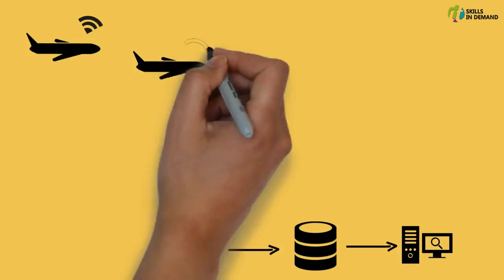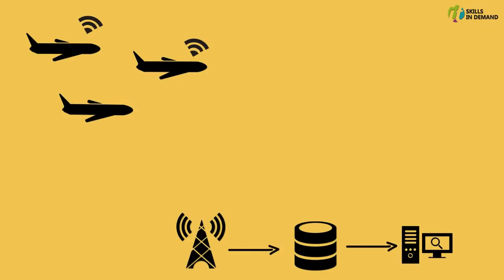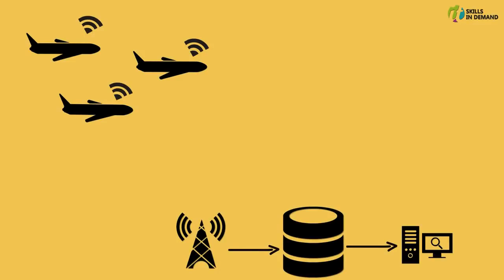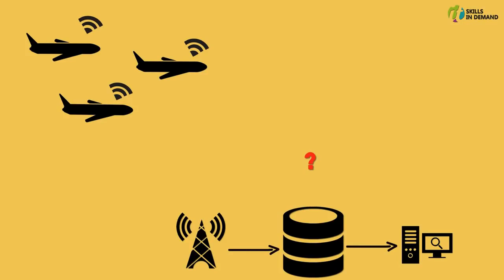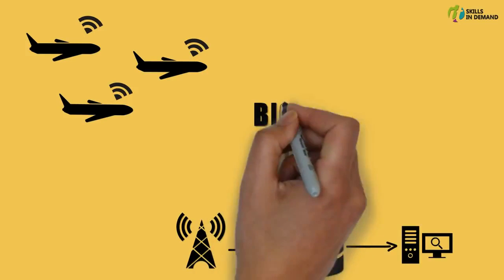Since multiple aircrafts would be transmitting this data simultaneously, a huge volume of data gets accumulated at the air traffic control within a short span of time. Therefore, it becomes a challenging task to manage and process this huge volume of data using the traditional approach. Hence, we can term this huge volume of data as big data.